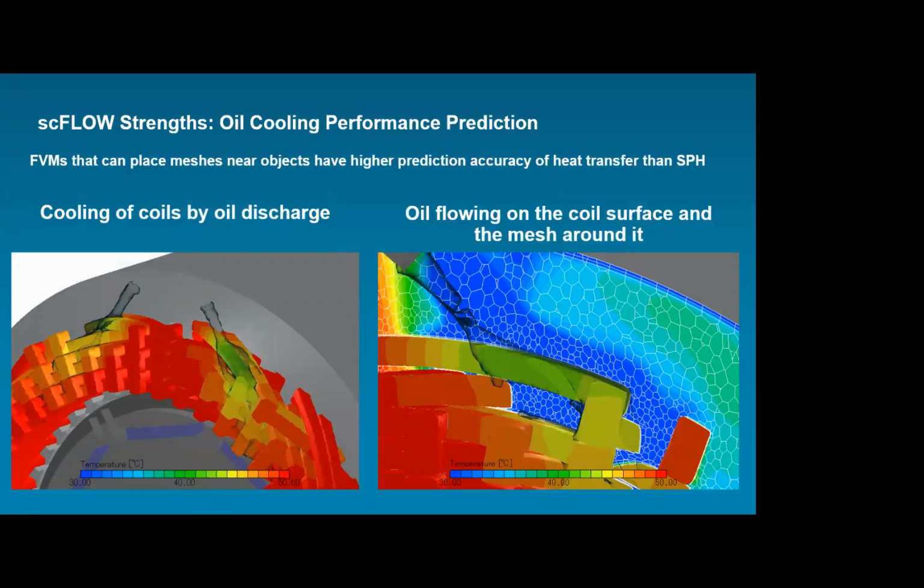Let's then proceed with another SCFlow feature which can be suitable for e-motor analysis, especially concerning the oil cooling analysis. As we saw before, there are different ways to cool down an electrical motor. One of these is oil cooling. Through a detailed fluid material specification, SCFlow can model precisely any kind of fluid material and predict its behavior inside the simulation process.